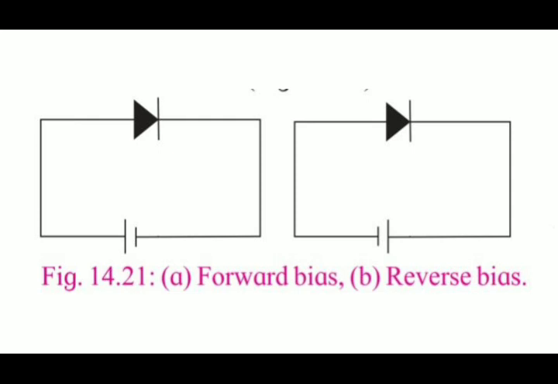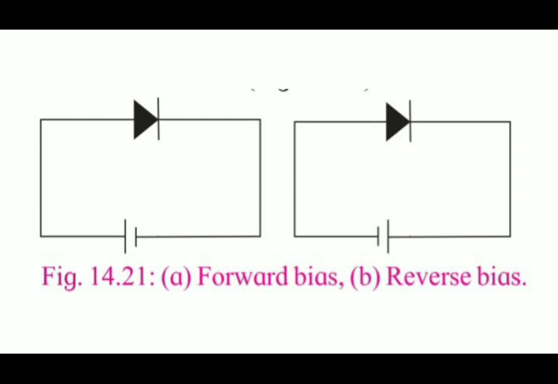When a diode is connected across a battery, the carriers can gain additional energy to cross the barrier as per biasing. A diode can be connected across a battery in two different ways, forward bias and reverse bias, as you can see in this diagram. The behavior of a diode in both cases is different because the barrier potential is affected differently.